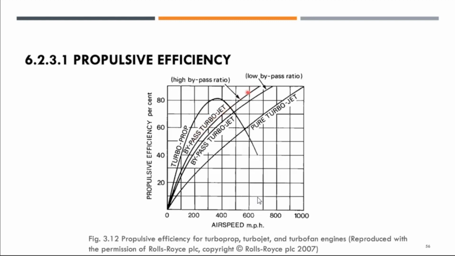So the efficiency is getting better, right? Compared to the low bypass of a turbojet, as well as compared to the pure turbojet, right?